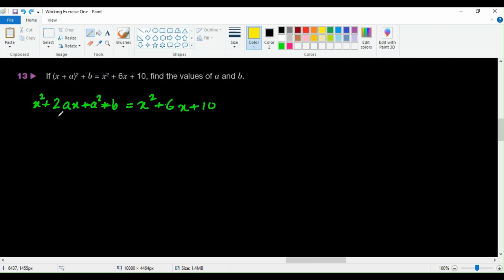Okay, so there's no doubt about x square part. Now if you see this closely, this 2ax is equals to 6x. So we keep it this way. That means 2a equals 6. x and x both are equal, and this 2a is equals to 6. So I will write 2a equals 6. That means a equals 6 over 2, which is the value of a is 3.